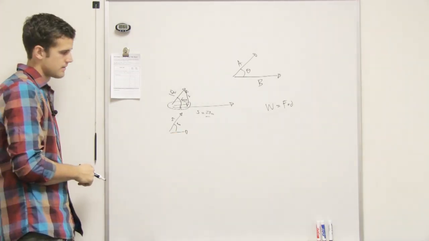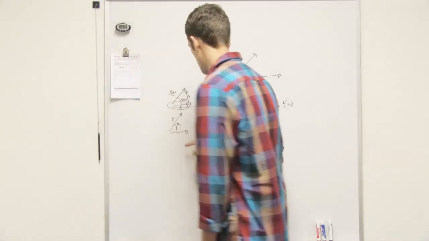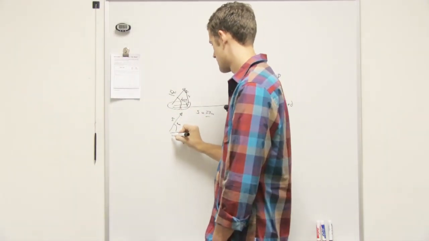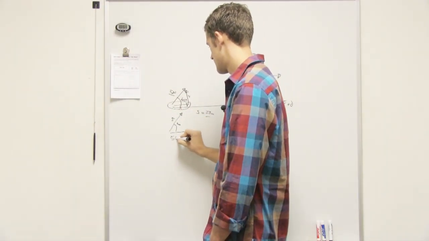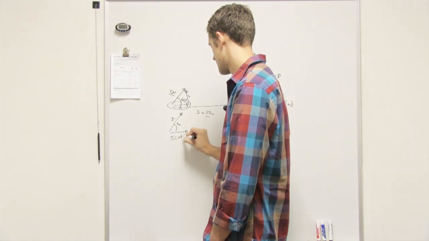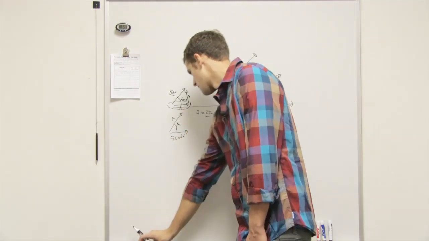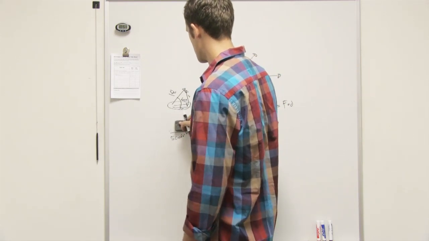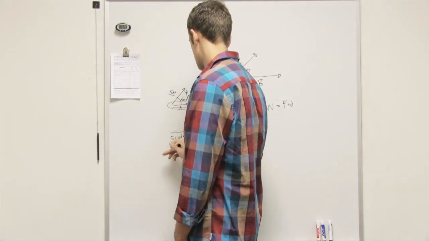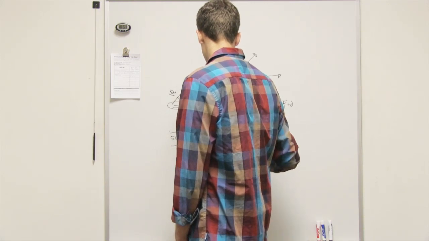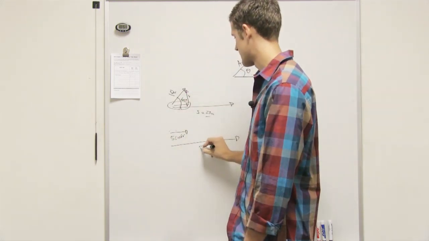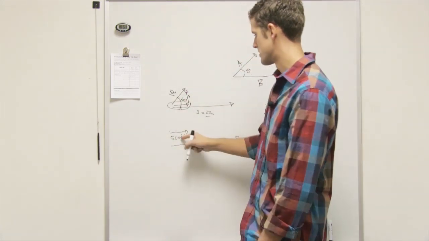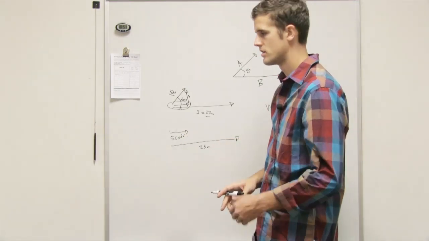It's 5. Well, it wouldn't be 5, right, because that's the hypotenuse. It's 5 cosine of 60. Once you have the force in the direction of the distance, now you can do exactly what we did the first time, which is just 5 cosine 60 times 23.